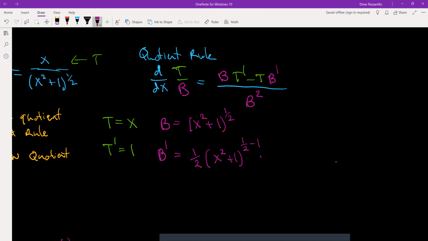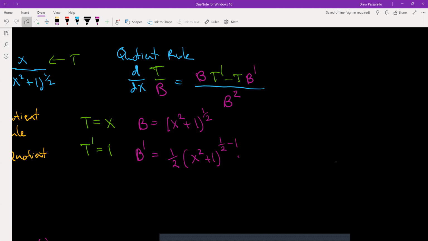Then I do times the derivative of the inside function. The derivative of x squared is 2x, and the derivative of 1 is 0, so it'd be 2x plus 0, which is 2x. So the derivative of x squared plus 1 is 2x.